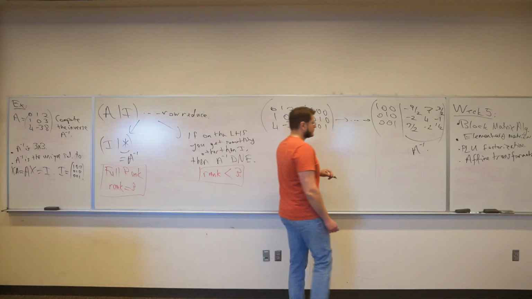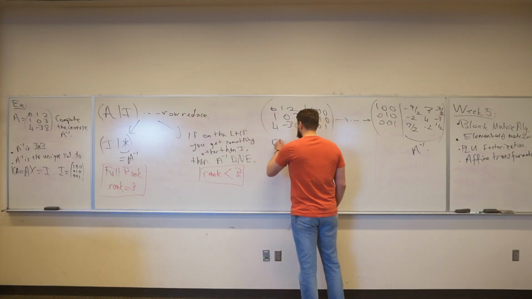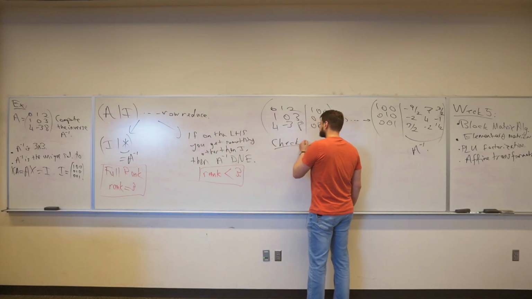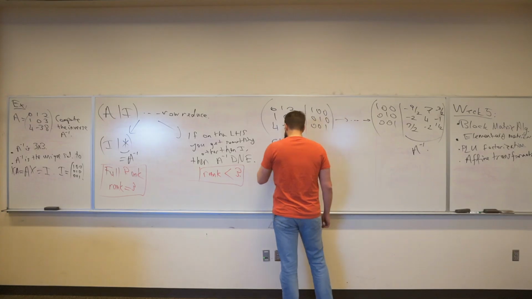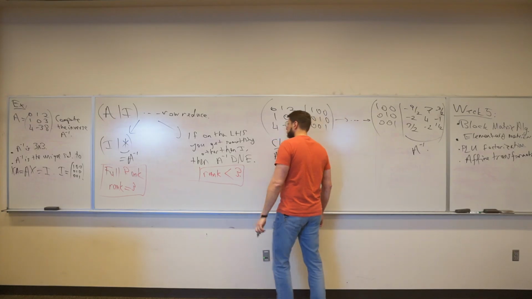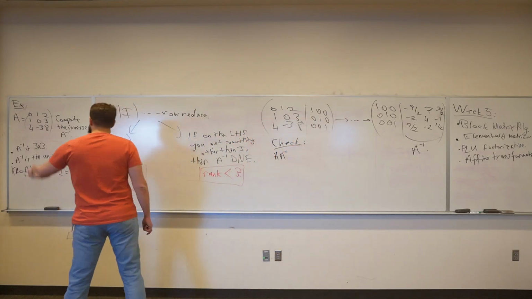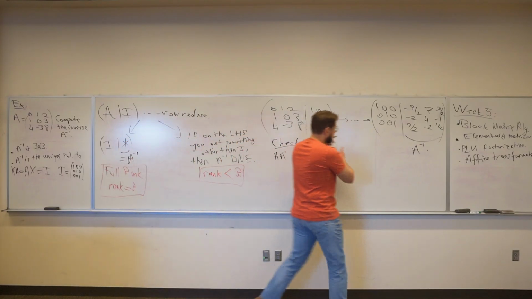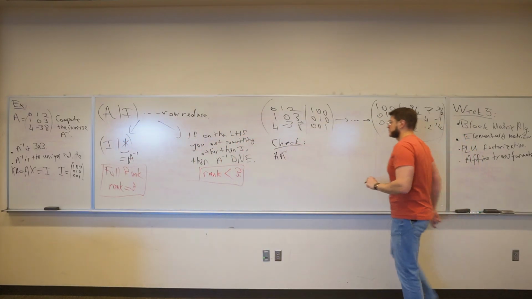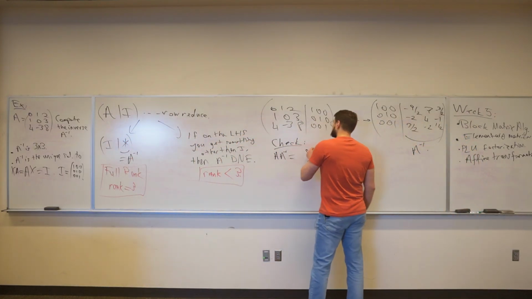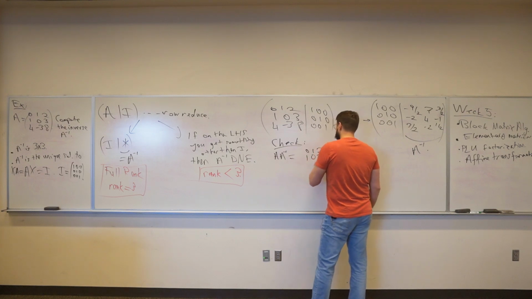Just to remind ourselves of matrix-matrix multiplication, let's do this. I want to compute A times A inverse. So this matrix is A, this matrix is A inverse. 4, minus 3, 8.